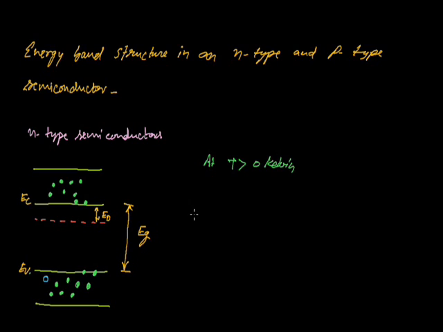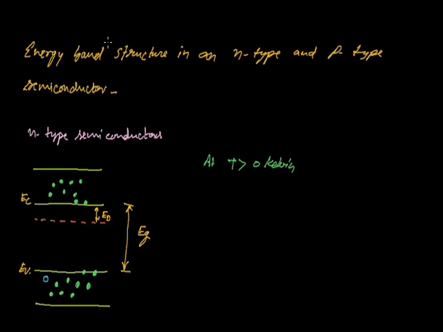Means now a lower temperature is required to increase the conductivity of the semiconducting material. If it were a pure semiconducting material, we would require a proper amount of energy equal to the energy gap Eg to increase its conductivity.